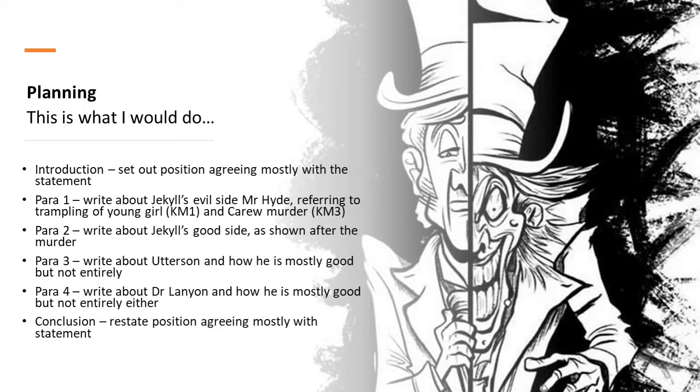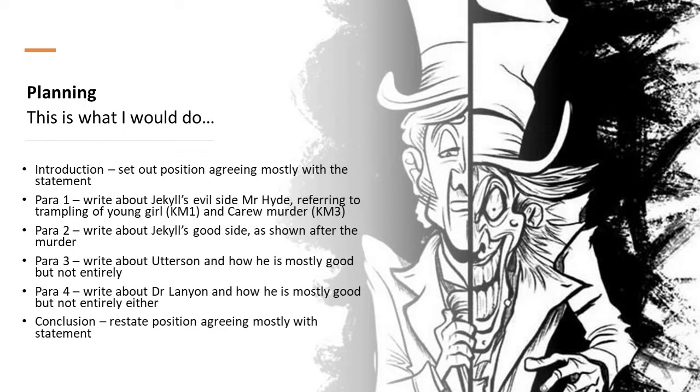So wondering, that verb, if it wasn't for Dr. Lanyon wondering what was going to happen, that curiosity, maybe he would have left and he wouldn't have died. So maybe Dr. Lanyon and Utterson, they both have that curiosity in evil, which you could argue is evil itself. Or you could say they were both curious, but that doesn't amount to evil.